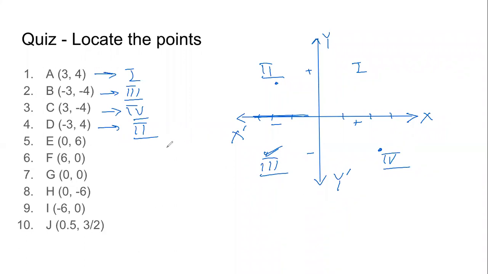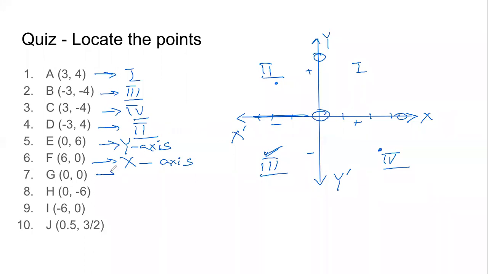Then E (0, 6). The x coordinate is 0, the y coordinate is 6. So somewhere here. So it is not in any quadrant, it is on the y-axis. Similarly, F (6, 0), it will be somewhere here. It is on the x-axis, capital X, not small. G (0, 0), it is this.